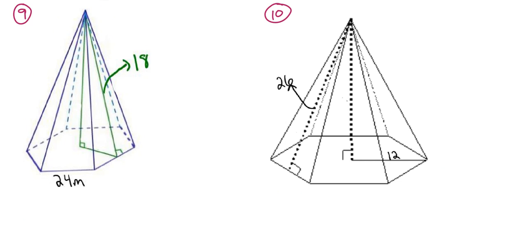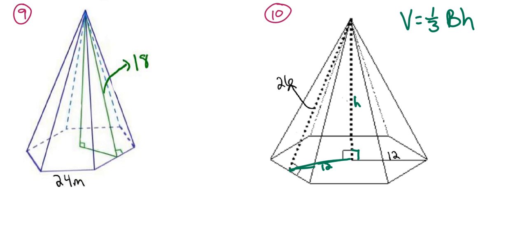Number 10 is a hexagonal prism. So we're doing volume equals 1/3 BH. Right now we don't have the area of the base and we don't have the height. So I'm going to start with figuring out the height. Slant height was 26. So again, basically I end up with this triangle here. This is 12. That's the height.